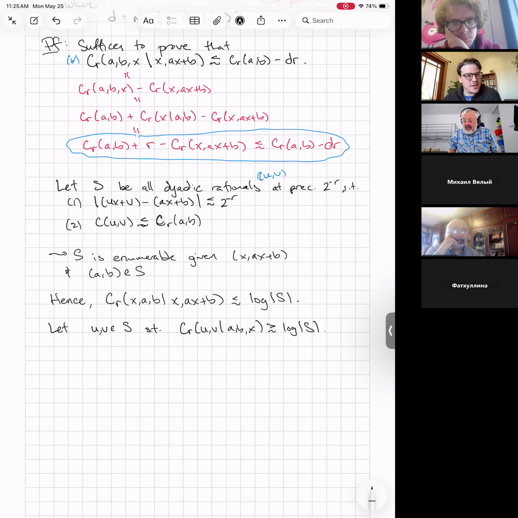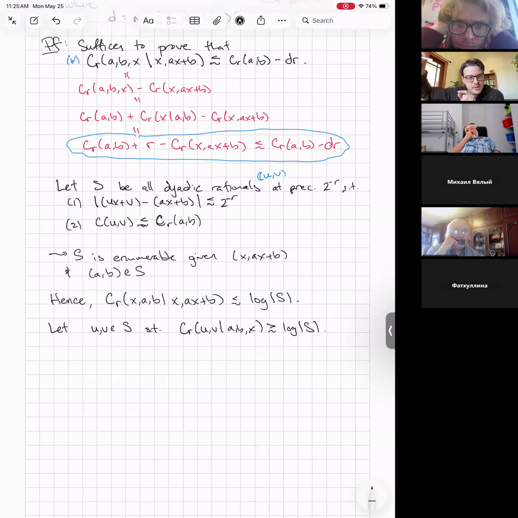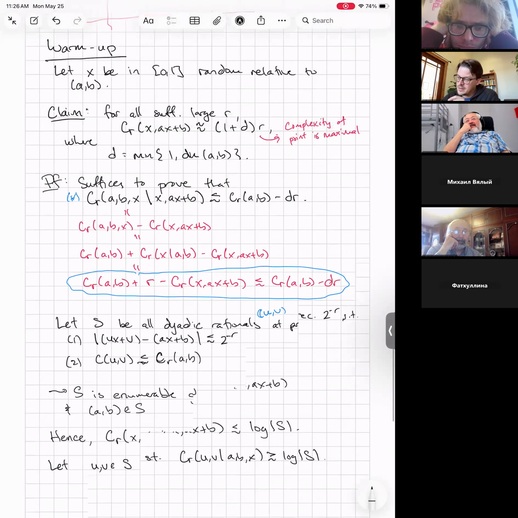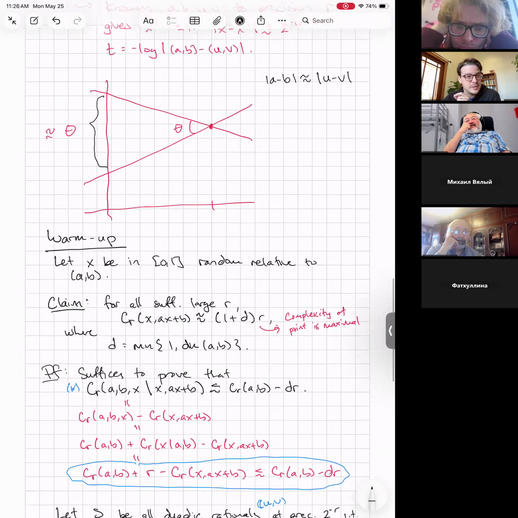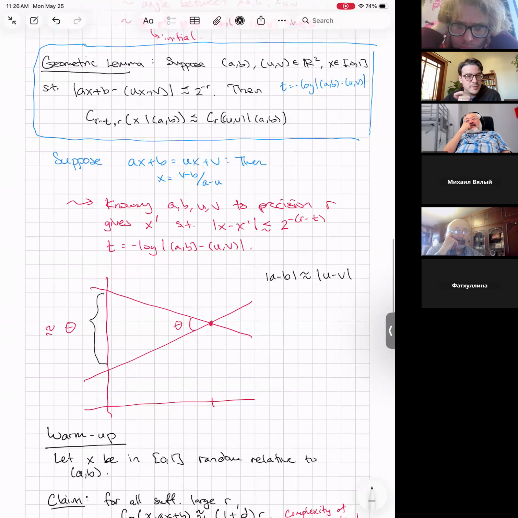The situation we have now is the line we care about, a, b, and this other line, u, v, and they intersect at the point x. I'm now going to apply the geometric lemma to this pair.